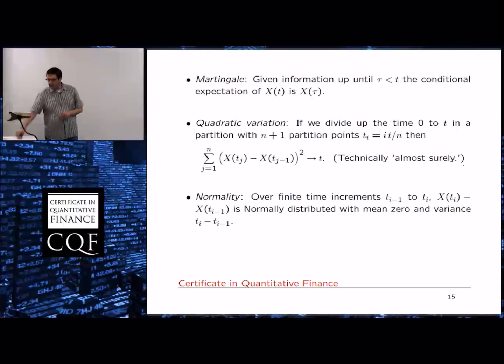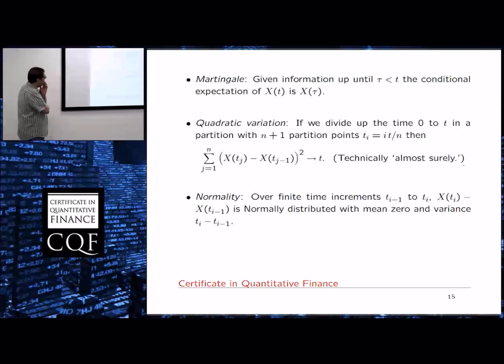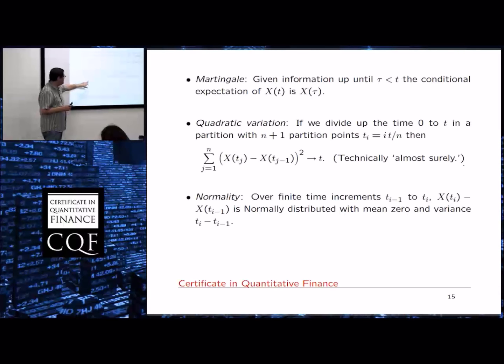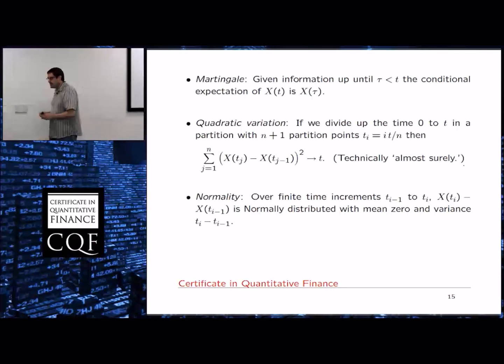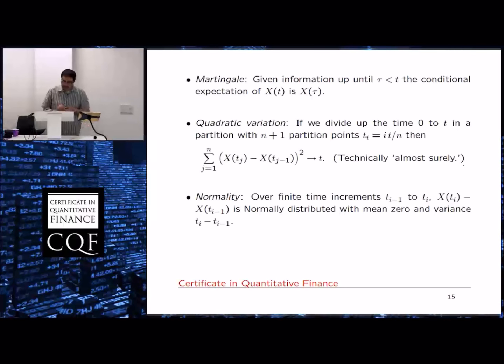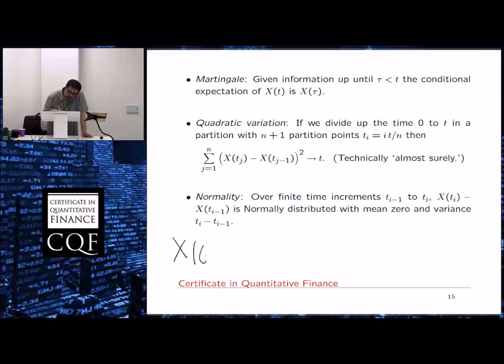So let's have a look at this and I'll go through this. It says here that over finite increments, the change in a Brownian motion is normally distributed with a mean of 0 and a variance of ti minus ti minus 1. In other words, x ti minus x ti minus 1 is normally distributed with a mean of 0 and a variance of whatever the time step is.